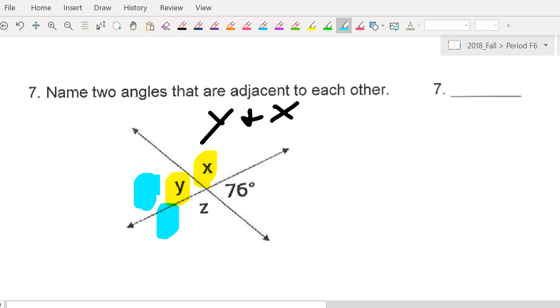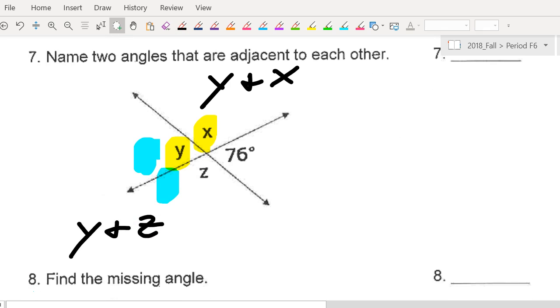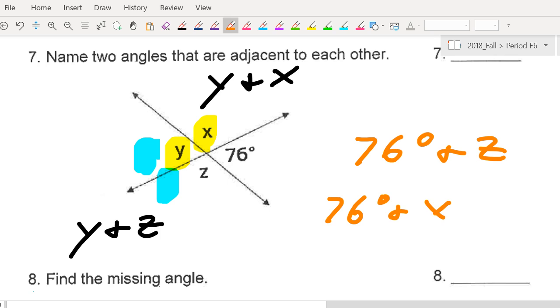Please don't make noises, guys. Y and Z also works. What else would work? 76 and Z. There's a lot of them, right? 76 degrees and Z, or 76 degrees and X. As long as they are next to each other, right?